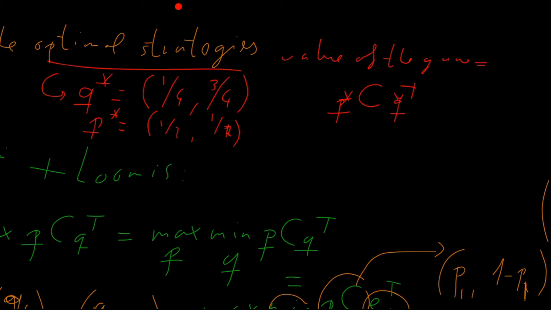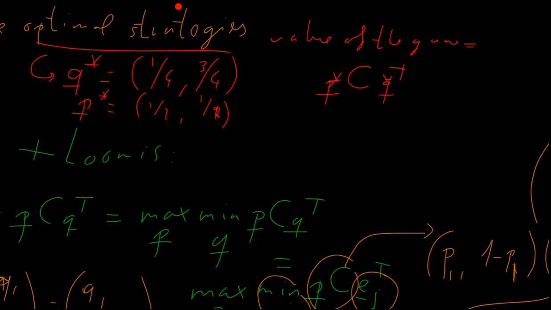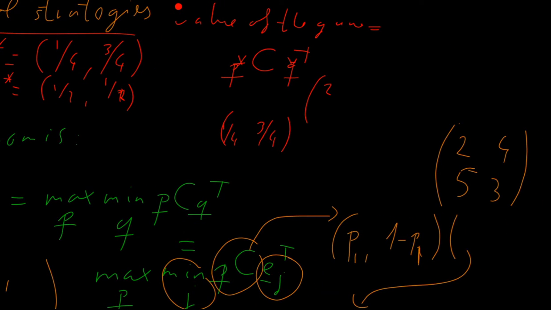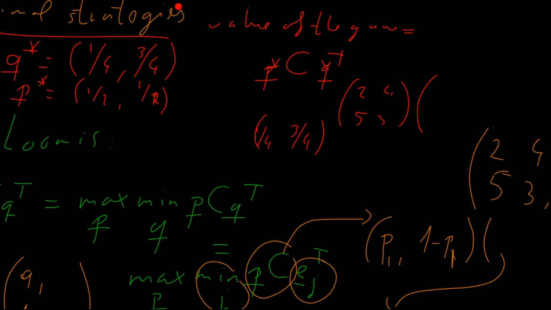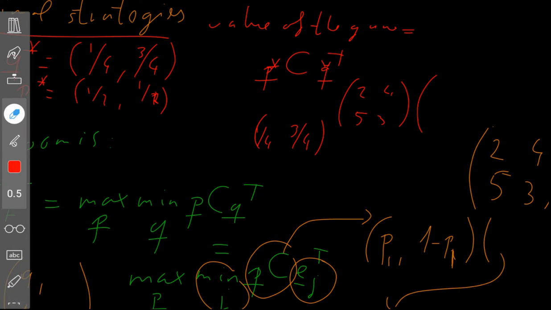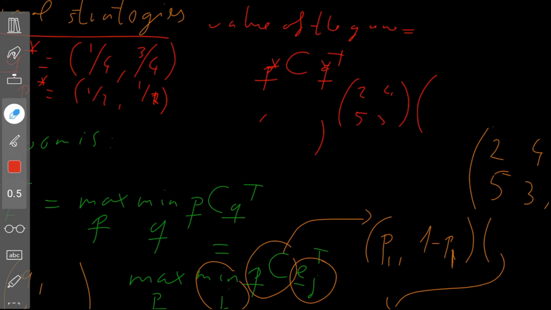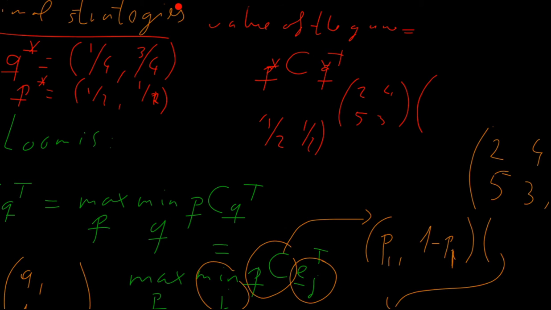So we can compute this: this guy times the cost matrix, which is 2, 4, 5, 3, times, sorry, this was the strategy of the other player. So this is just the strategy of P, because P will choose the rows, times 1/4, 3/4.